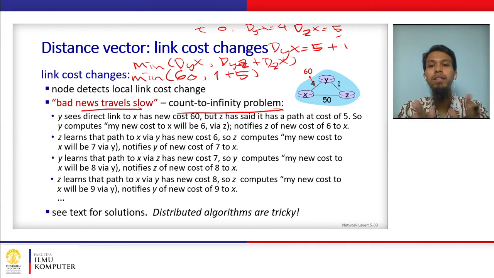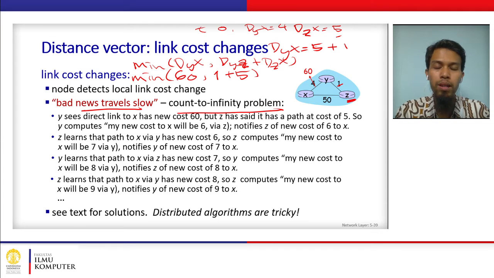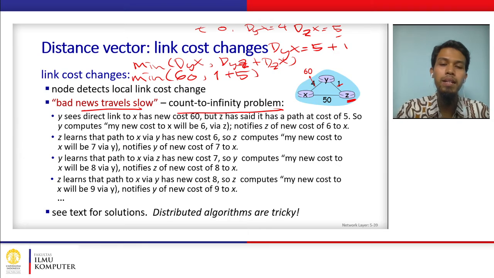But then the thing is, y doesn't know what path is taken by z. The only thing it knows is that the path from y to z, from itself to z, is 1. And the other thing it knows is that the cost from z to x is 5.